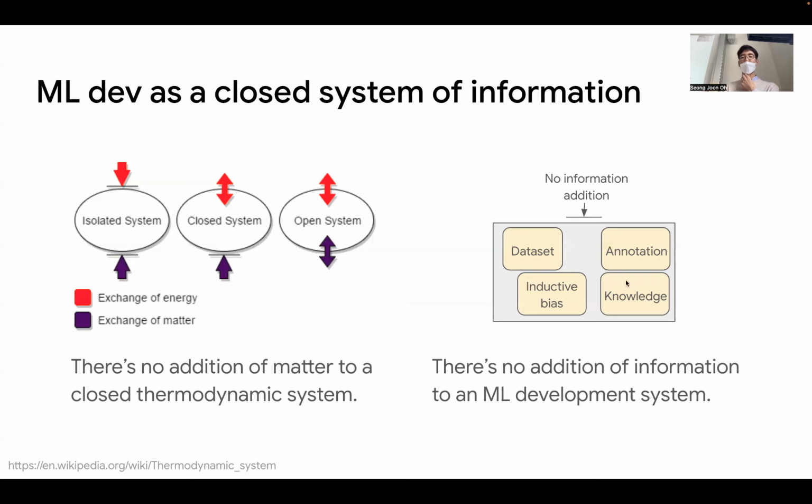That could potentially be part of this knowledge. So in this fixed lab environment, where no data set or annotation or anything else is given to the system, there should be no additional information. So there's no change in the maximal generalization performance that you can get out of this system.